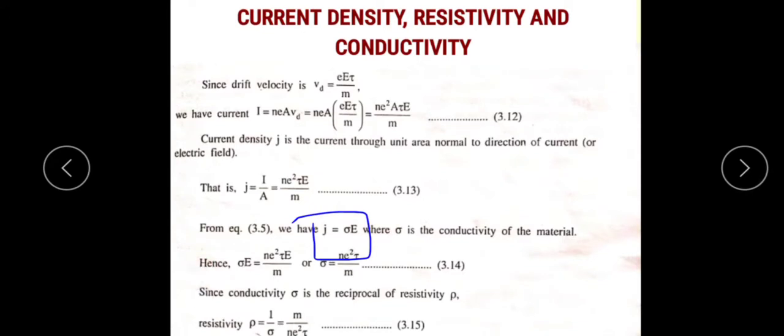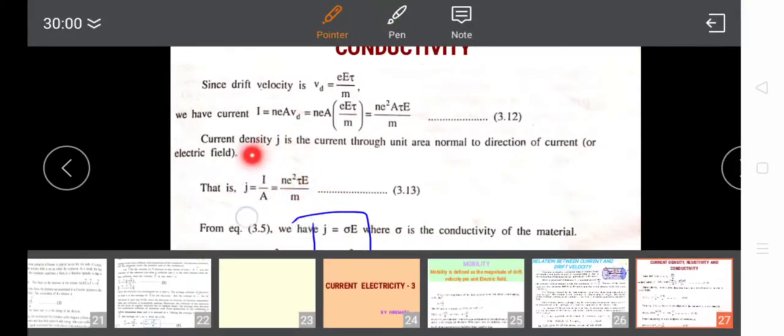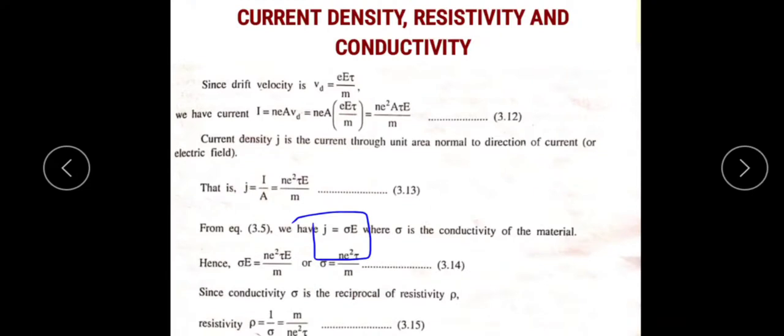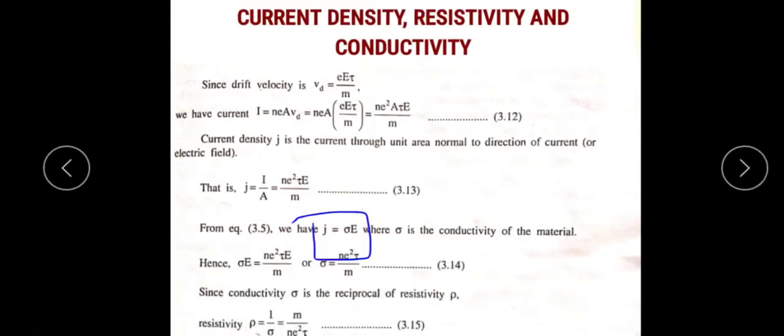So here there are two J equations: J equal to n e squared τ E divided by m, and J equal to sigma E. From these two, sigma E equals n e squared τ E divided by m.